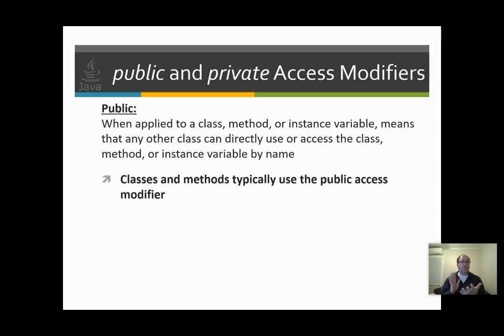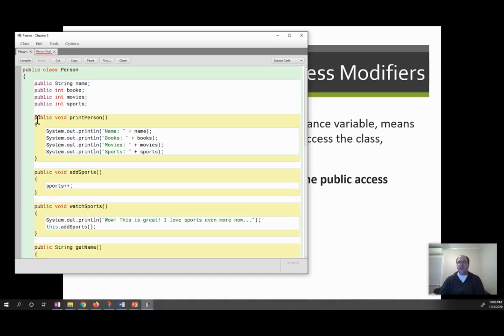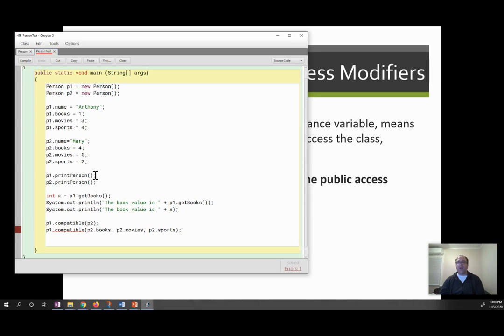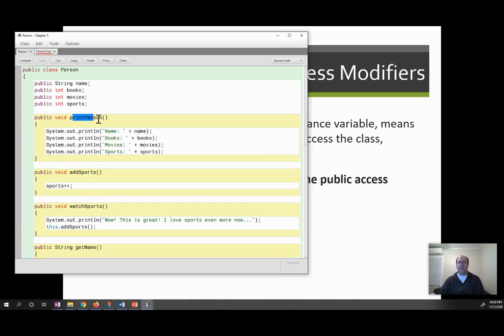Now, usually we will define the class itself, and methods will typically be defined as public. I'll switch back to my code here for a second. So here we have declared the printPerson method to be a public method. Again, meaning that in person test, we are allowed to call printPerson from person test. The reason we are allowed to do this, p1.printPerson, is because the printPerson method is a public method.